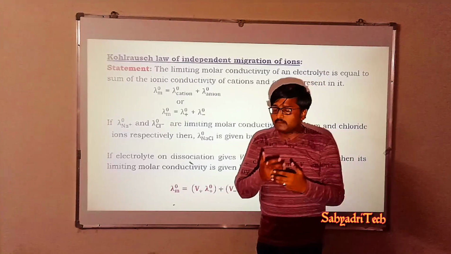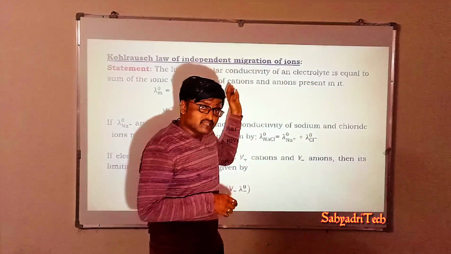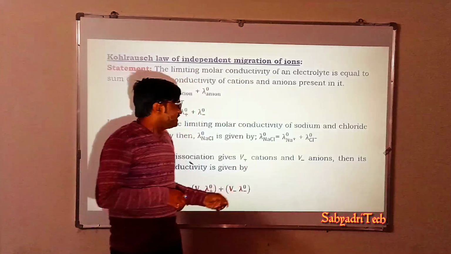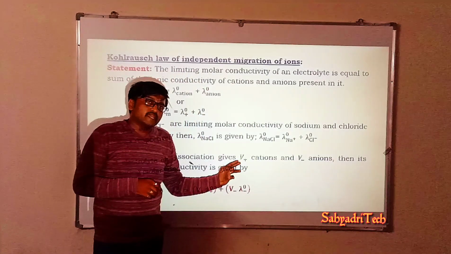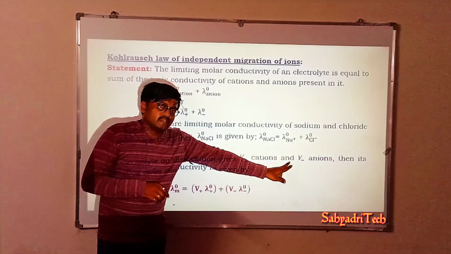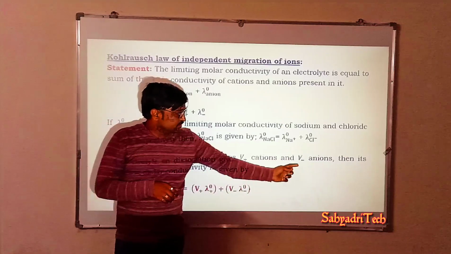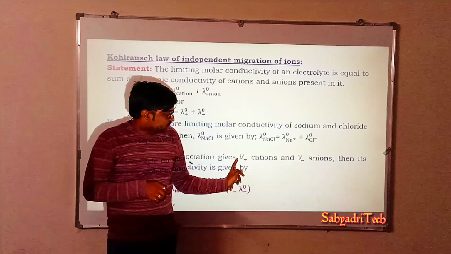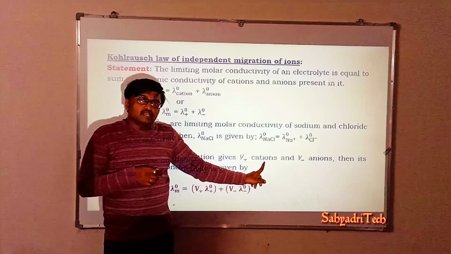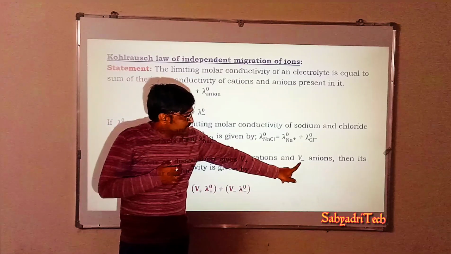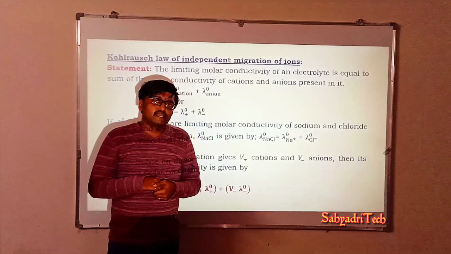So to update the mathematical form of Kohlrausch's law, he introduced the number of cations and anions in the form of v plus and v minus. Here v plus indicates the number of cations and v minus indicates the number of anions.